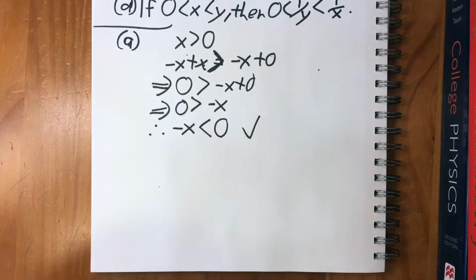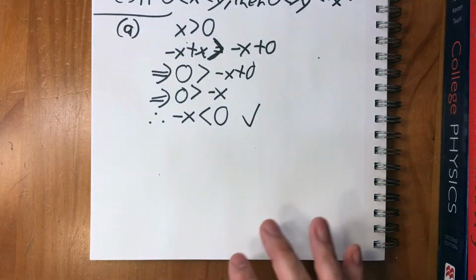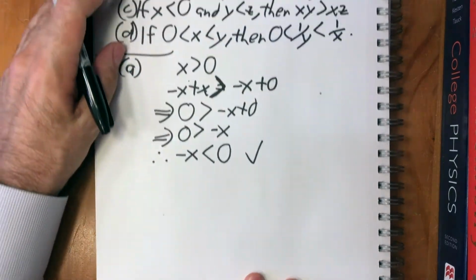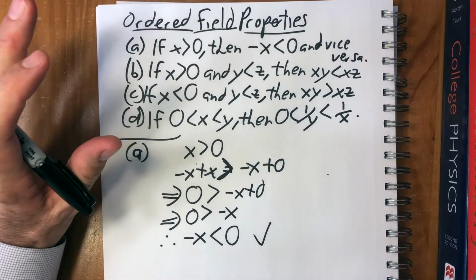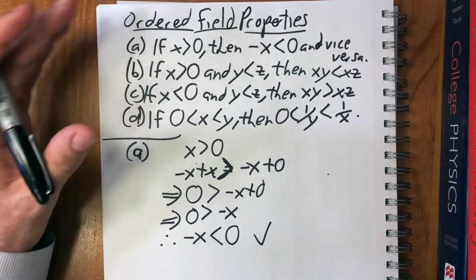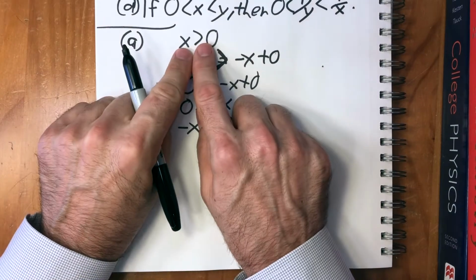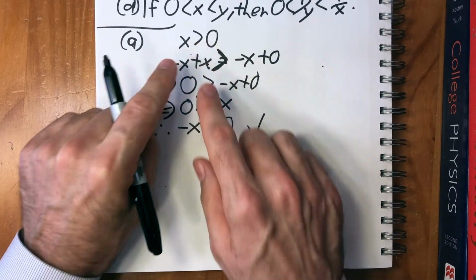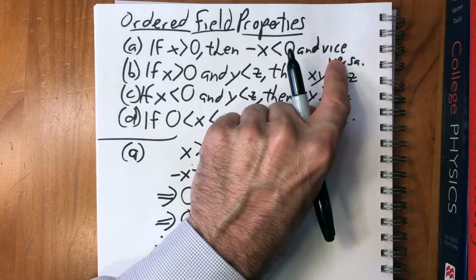Okay. So I think this is useful to be careful as we're going through these. And all of these properties we're going to be using repeatedly when we construct the real numbers and then prove their uniqueness. So to go the other way, we proved that if x is greater than 0, minus x is less than 0, so we have to prove vice versa.